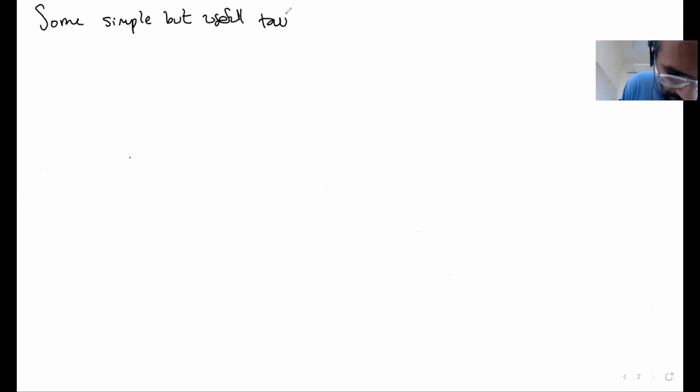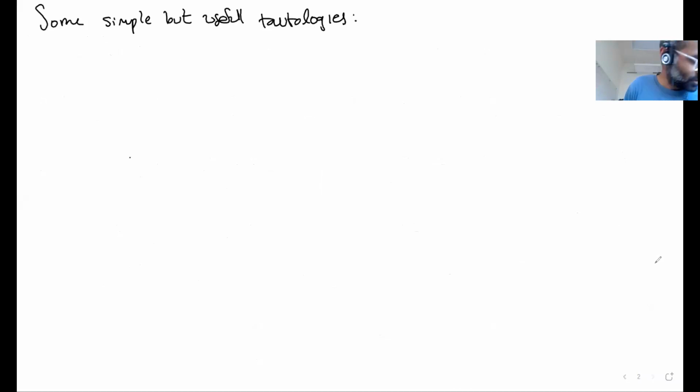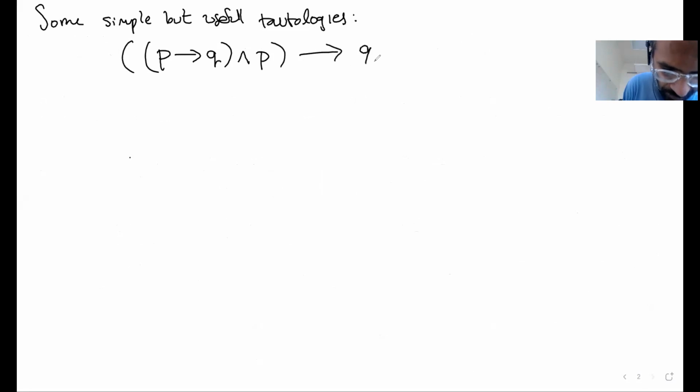Yeah. Tautologies. So there's the one we wrote over here. And then here's another one. P implies Q, and P, this whole thing implies Q. So if P then Q is true, and if P is true, then Q has to be true.